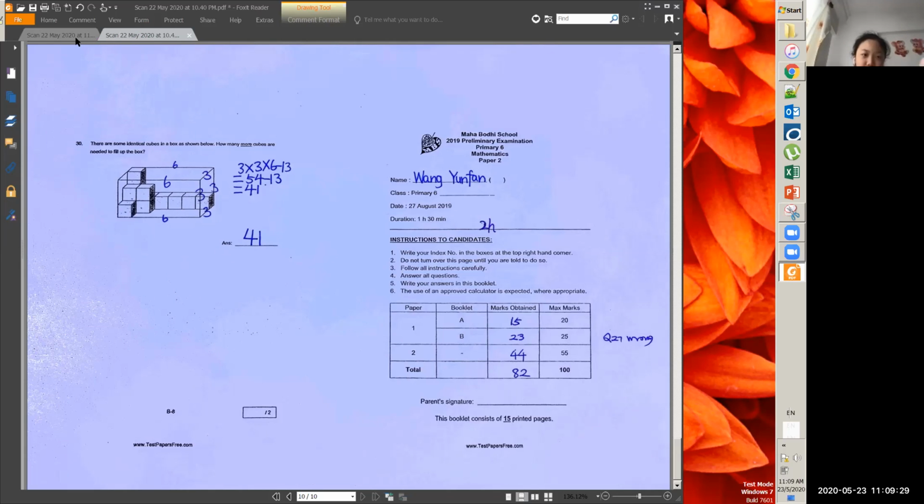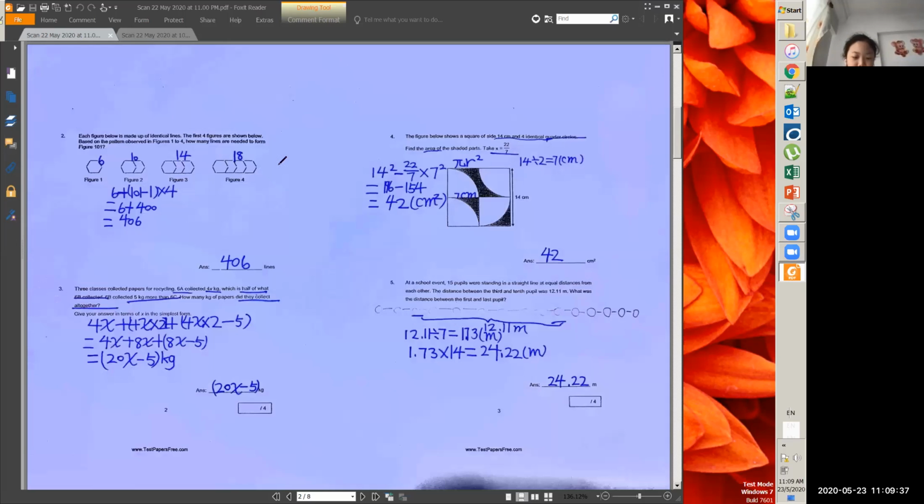That's it for this. Okay, let's look at this, over here. Okay. Next. Isn't this a number pattern question? Yep. So, I want to talk about the concept of number pattern.